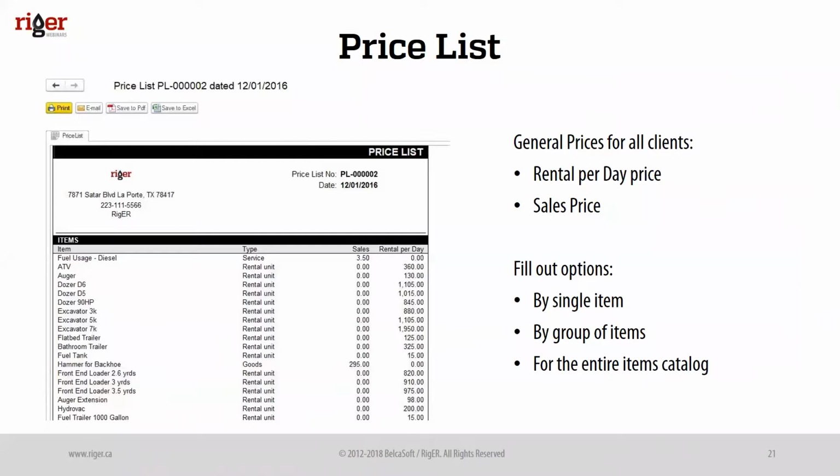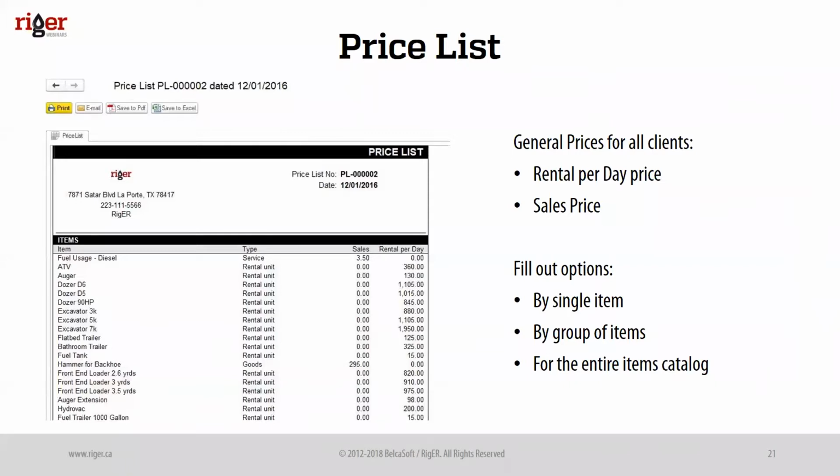If you have the structure of your rental fleet in the system divided by different folders, for example, in the rental unit folder, you can have multiple groups like trailers or porta potties or light towers. So you will apply this group in the price list.